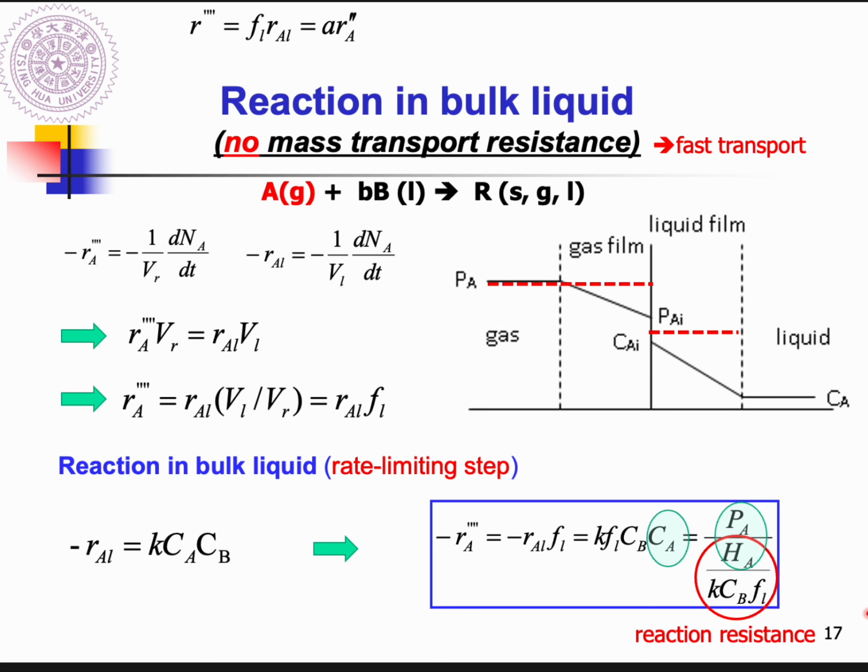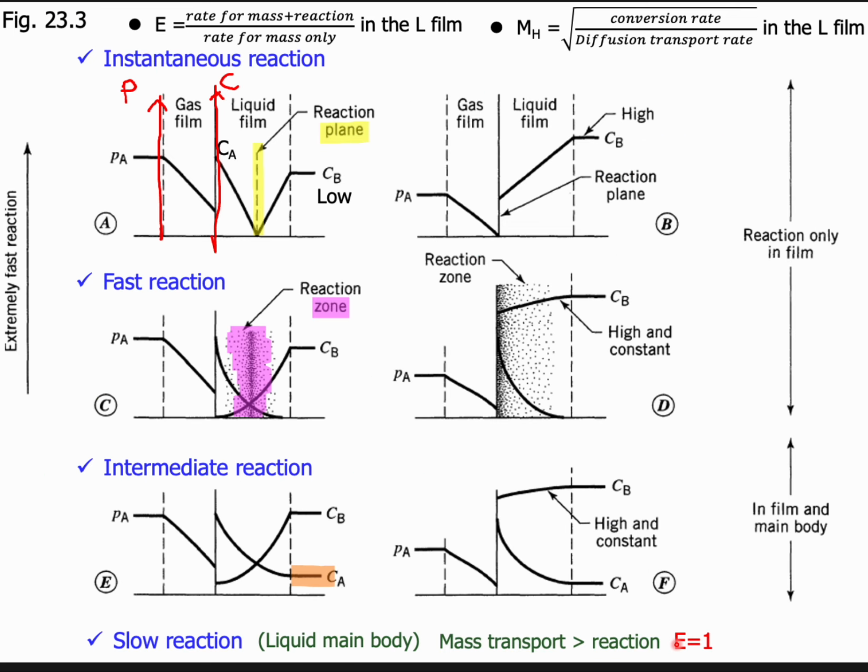Okay? This is the one you're familiar with from lecture 6, when we talked about the same phase. When you add liquid A and liquid B together, you don't consider the film layer because you consider the mixing or transport process to be very fast.